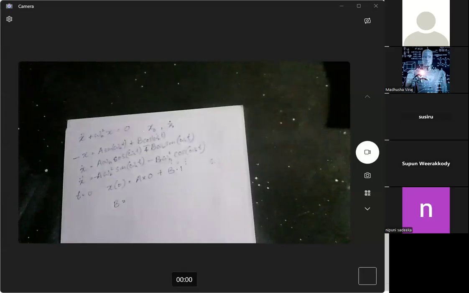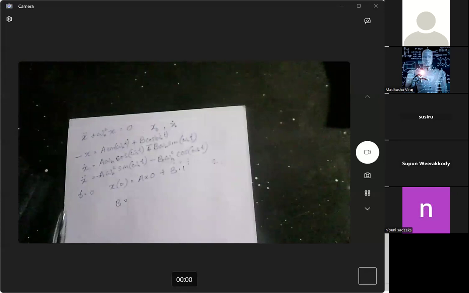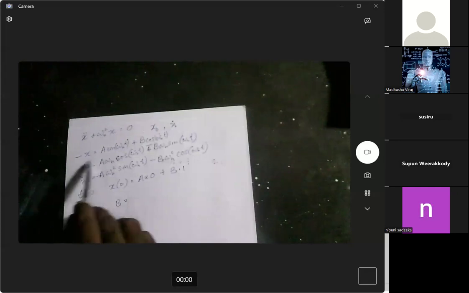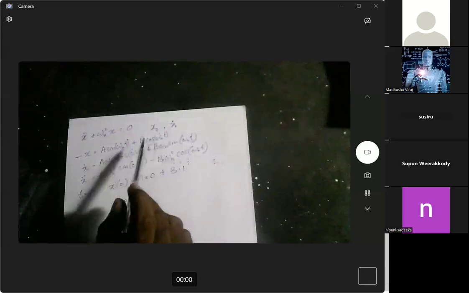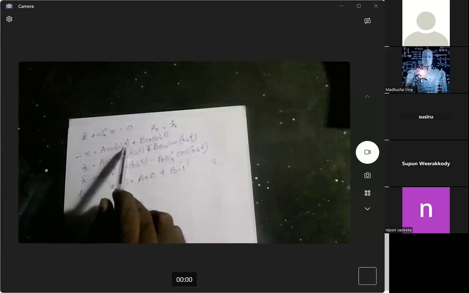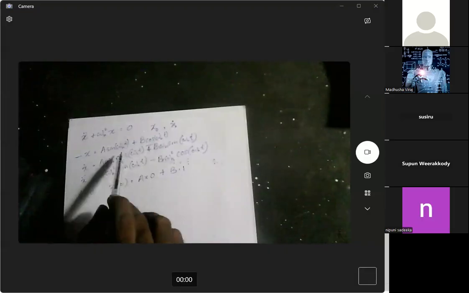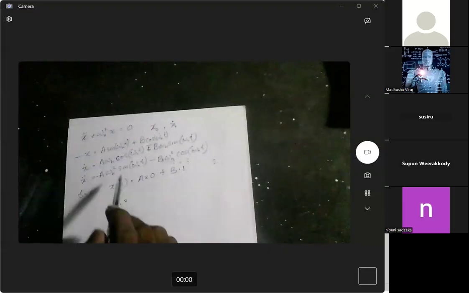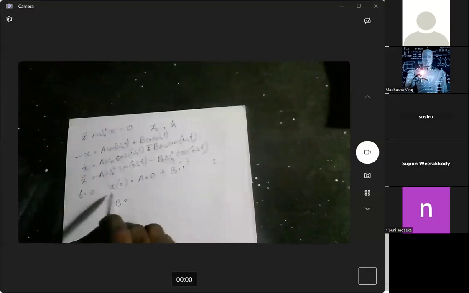Right? So what we're going to do, since the equation for displacement is valid for any t value, it should hold for t equals 0. So we are going to put t equals 0 and find what is the value for displacement.